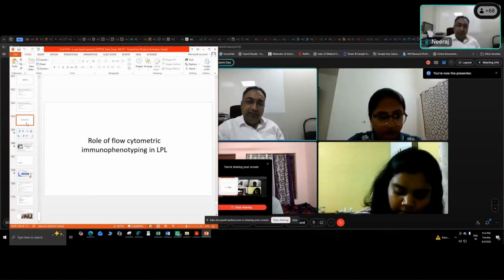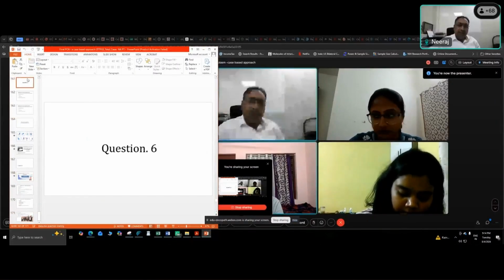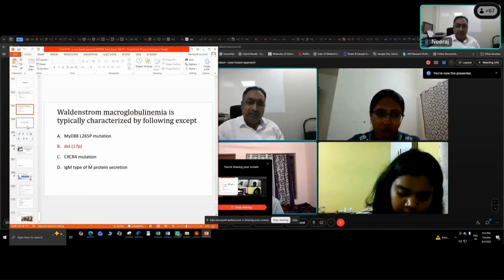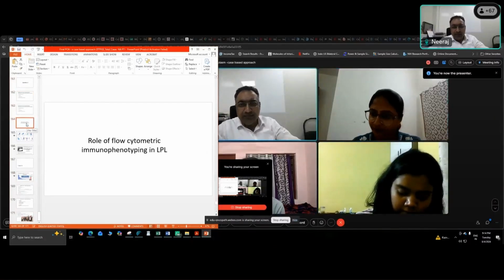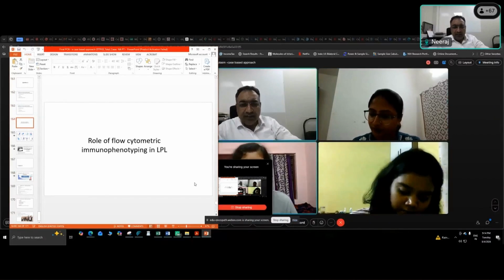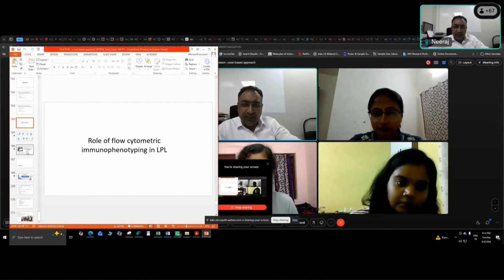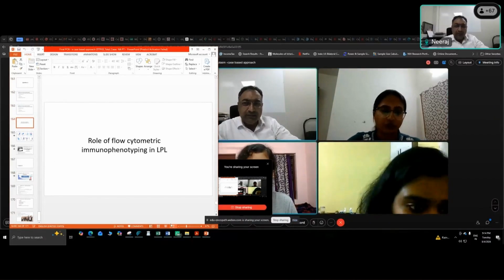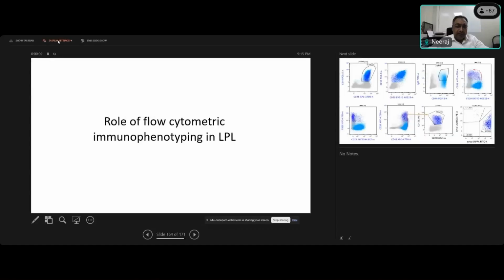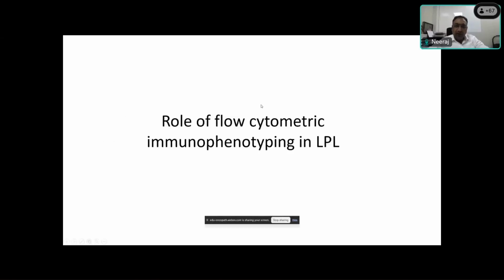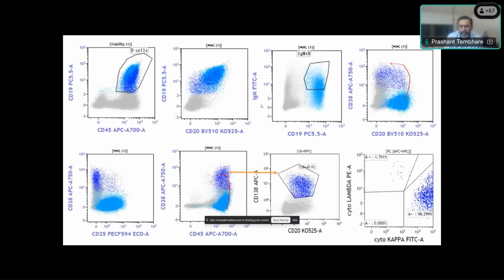So basically we showed some rare subset of cases where there's an overlap with various other disorders like amyloidosis and low-grade lymphomas and Waldenström macroglobulinemia, where you have IgM paraproteinemia. I'll just add a couple of sentences on how flow cytometry can help.